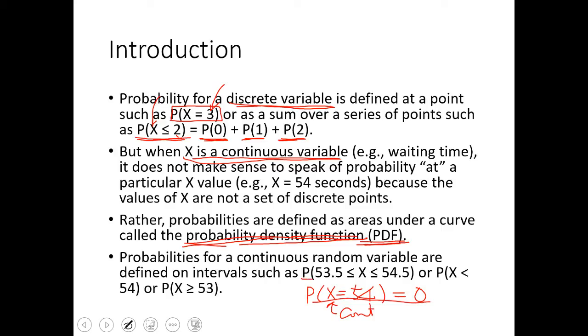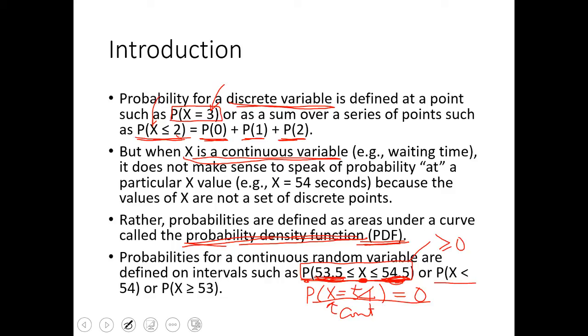But the probability that the random variable lies in an interval, greater than 53.5 and less than 54.5, is some value. This probability is larger than 0, and of course it should be less than 1.